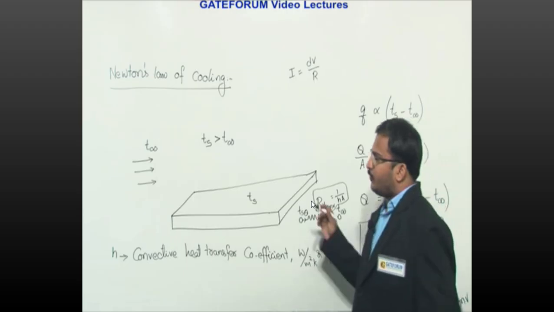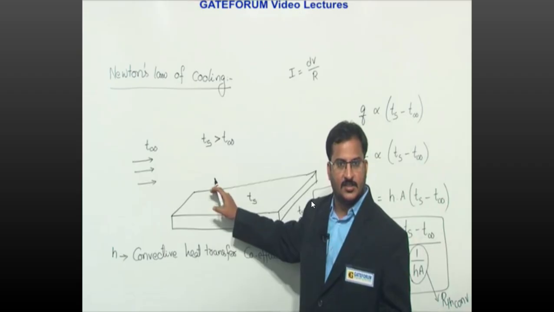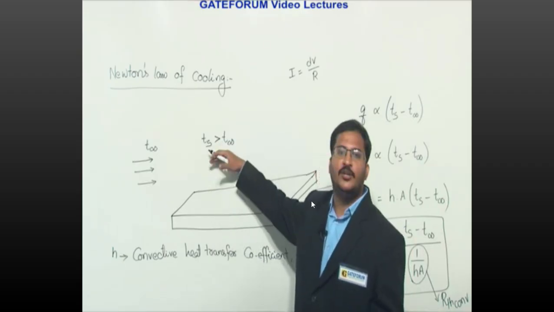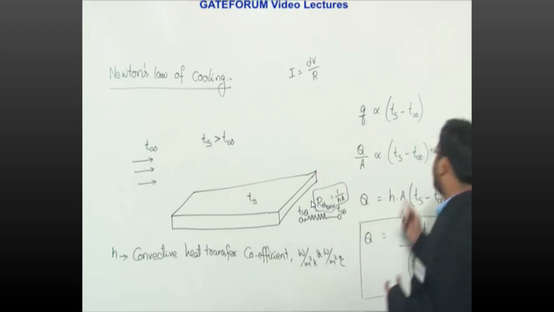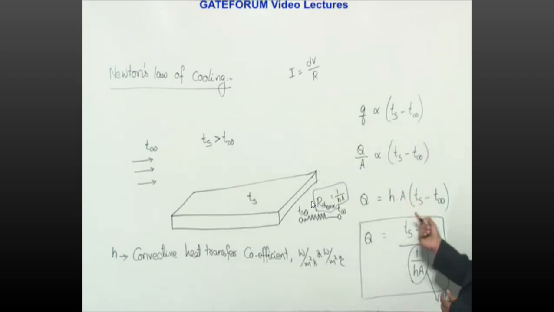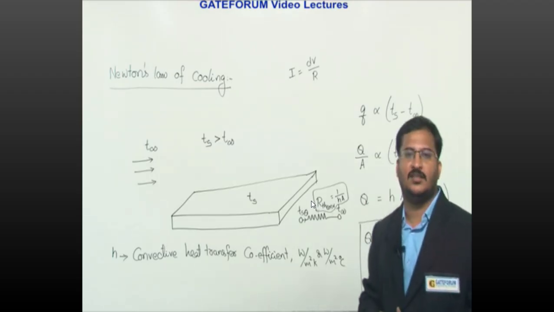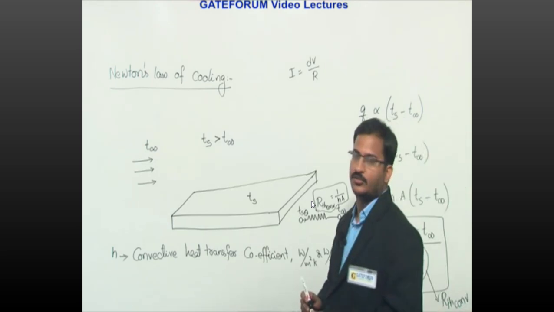Now suppose the fluid temperature is more than the surface temperature; then convection takes place from the fluid to the surface. So this same equation can be written as hA into T infinity minus Ts when the fluid temperature is more than the surface temperature. Okay, so this is Newton's law of cooling, which we come across.